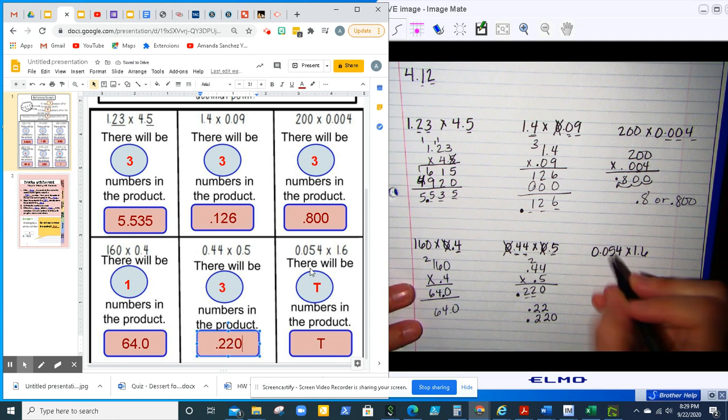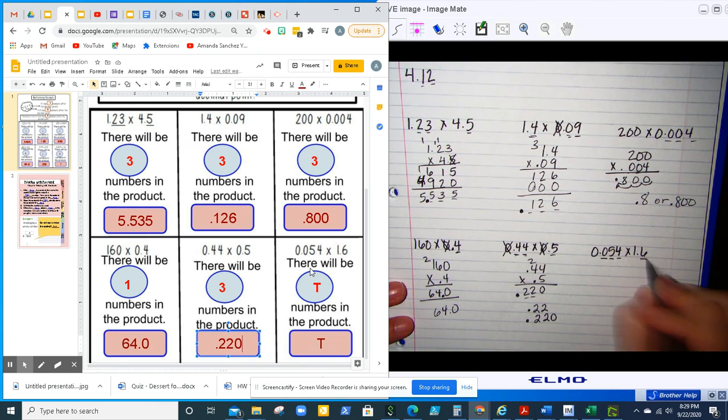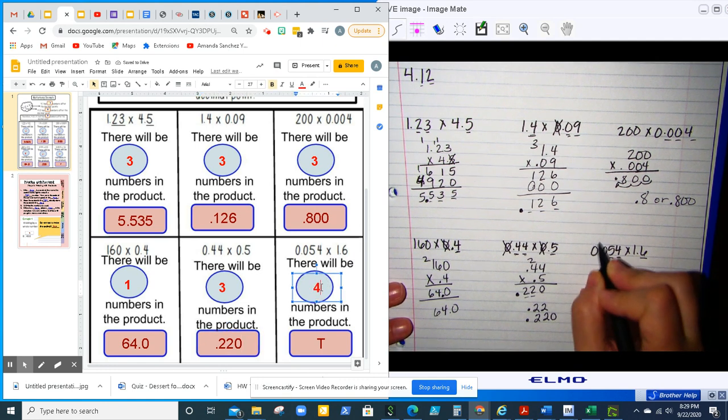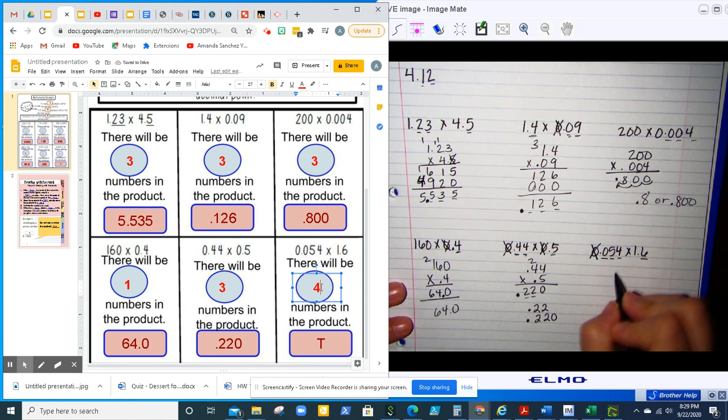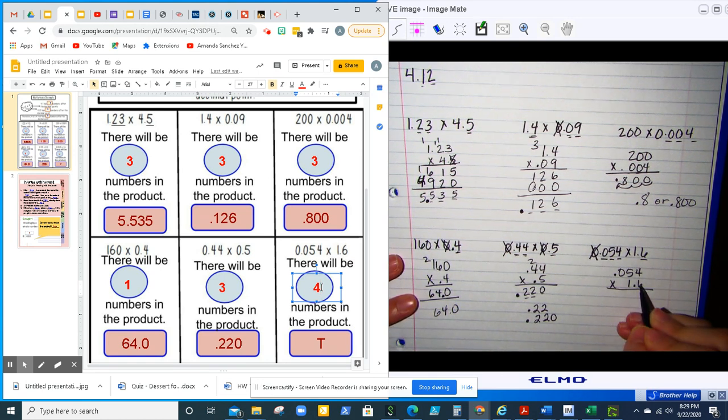Okay, on the very last one, count the numbers that are behind the decimal in those 2 numbers you're multiplying. 2, 3, 4. So you should have 4 values behind your decimal. So I'm going to get rid of that first 0. 0.054 times 1.6. So remember, this value is actually bigger, but this one has more place values.